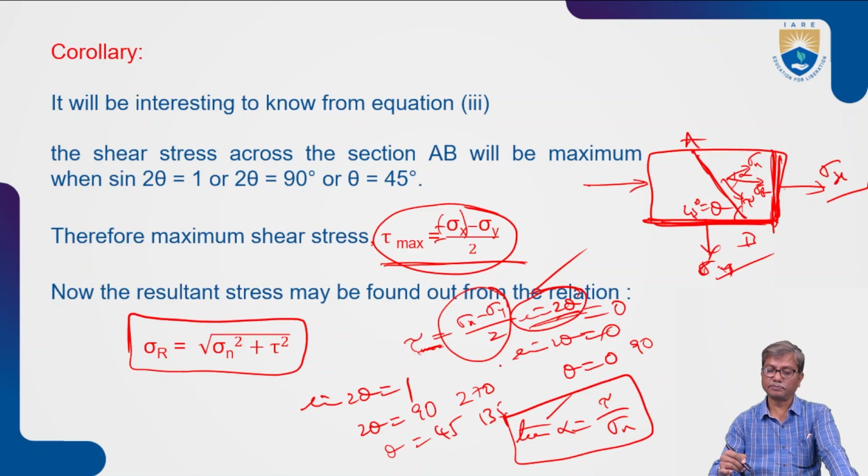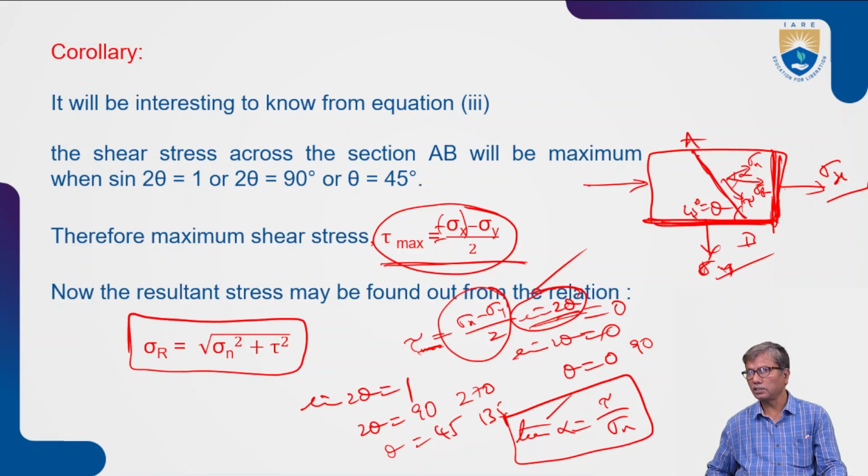The expression is same, but we will take negative sign if the stress is compressive. Okay. We have derived this assuming that the stresses are tensile. In case the stresses are compressive, then we will take the opposite sign. Is this clear? Yeah.